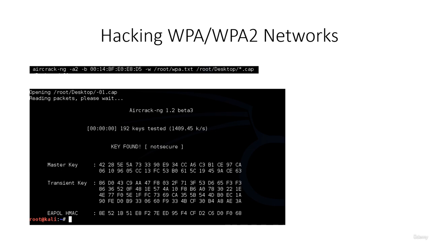If you are penetration testing for someone, then tell them to change their password as soon as possible. But I prefer you always test these types of methods on your personal machine or your own wireless network in your house. And I suggest you don't use this on other people's networks. And that's how you hack a WPA or WPA2 network using aircrack.